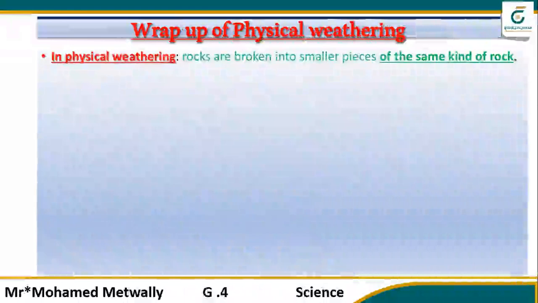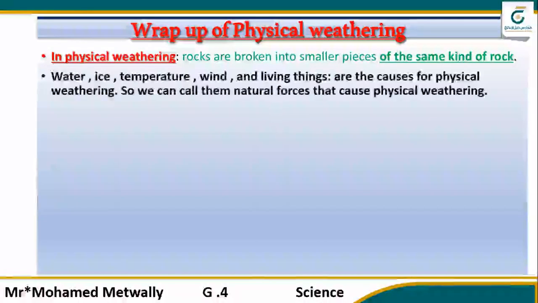Another cause of physical weathering is wind. Wind can carry small particles that can weather the rocks as well. Another force that causes physical weathering, as you watched in the video, is ice.